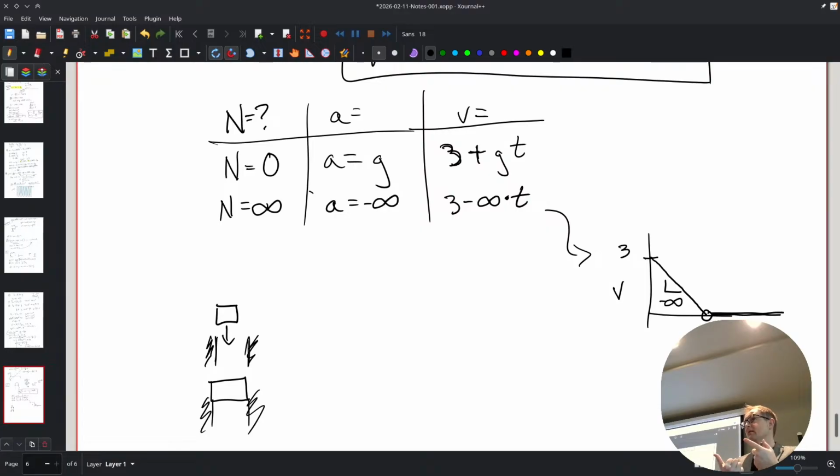Not directly, right? Is it a function of velocity? I see some head nods. A little bit? No? Thinking about it? Yeah.